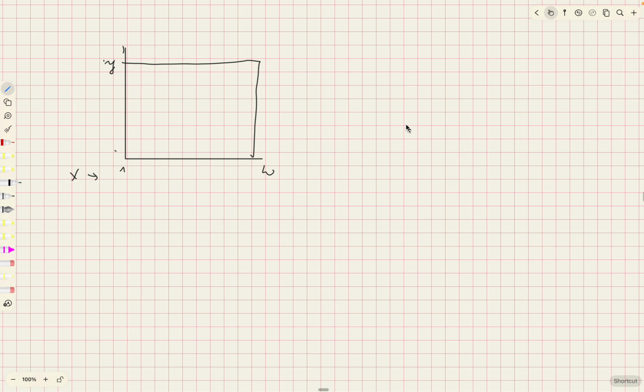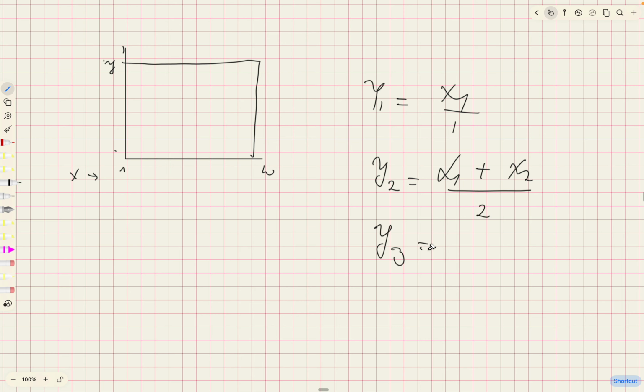Let's denote our sample as y1, which is x1 divided by 1. And if it's y2, then we take 2 random waiting times and we divide it by 2, and y3 the same way, and we divide it by 3.